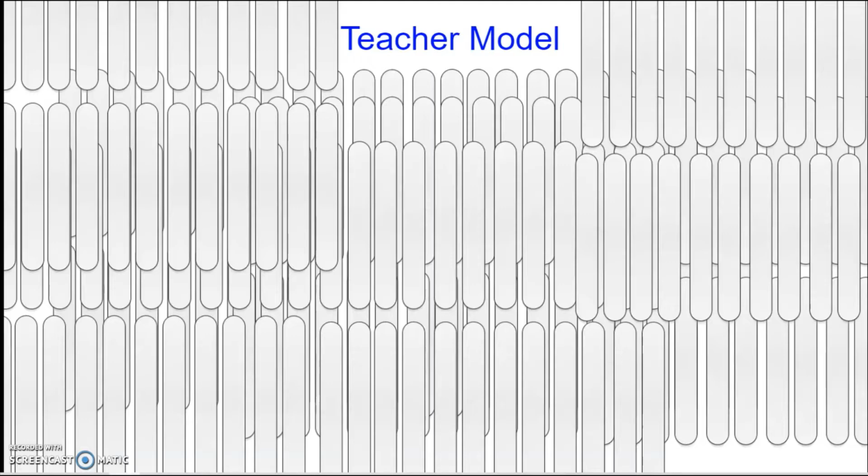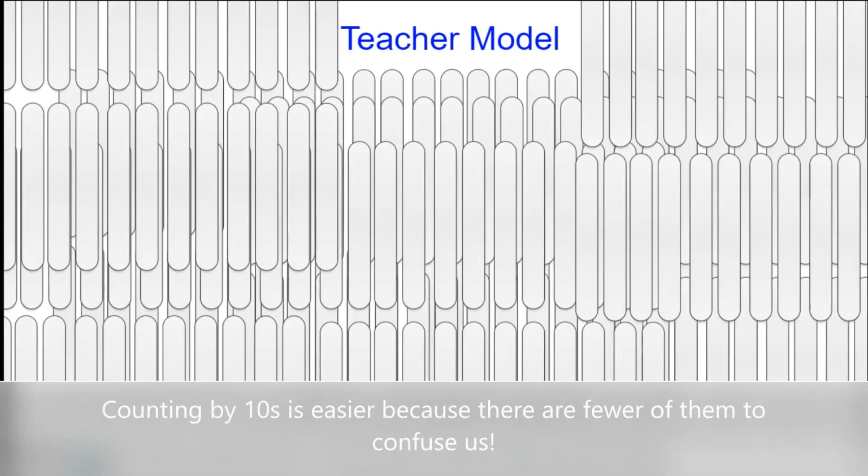Okay, my friends, welcome back. Because there will be more units of 2, which means it'll take longer to count. If we're counting and grouping by twos or by fives, it's going to take a really long time. But the tens are the biggest that we can count by, so there are few of them to confuse us when we count.